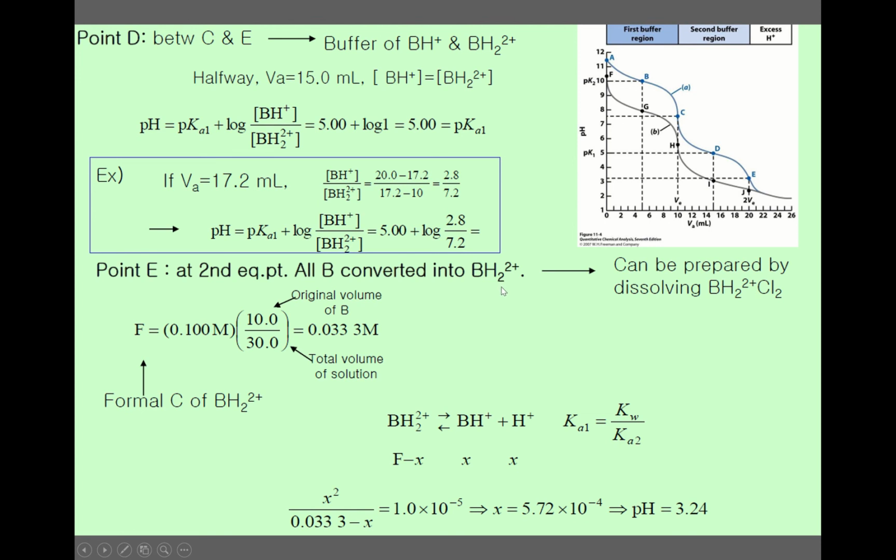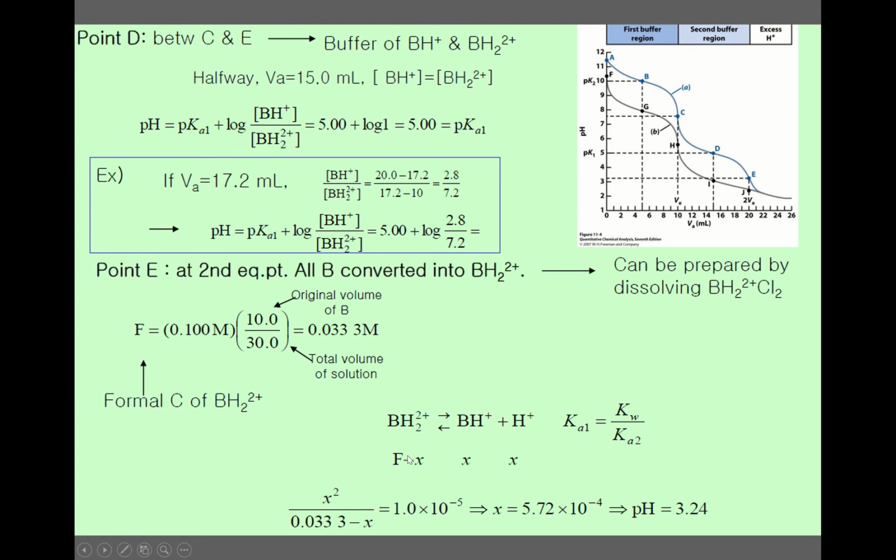Original concentration is 0.1 molar, but since the strong acid was added by 20 ml, and initially 10 ml was there, the total volume is 30 ml. So this is the dilution factor. So the formal concentration of this form is 0.0333 molar.